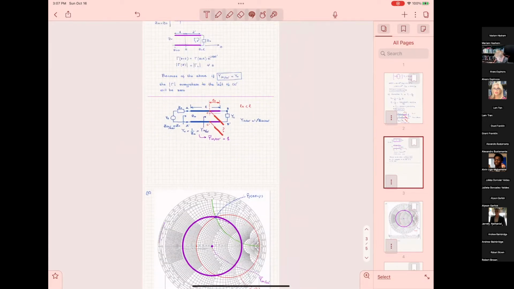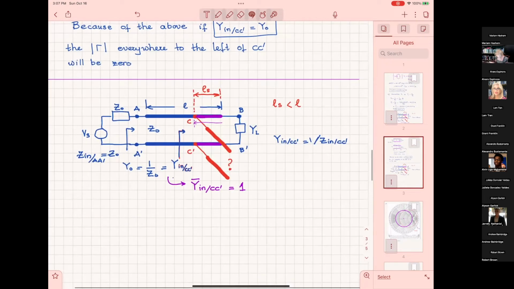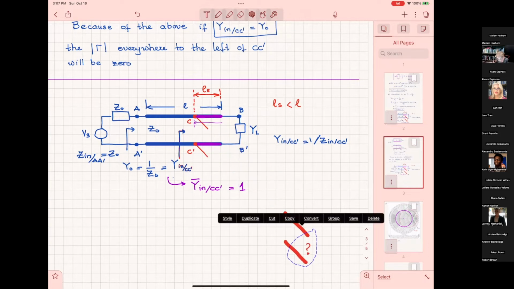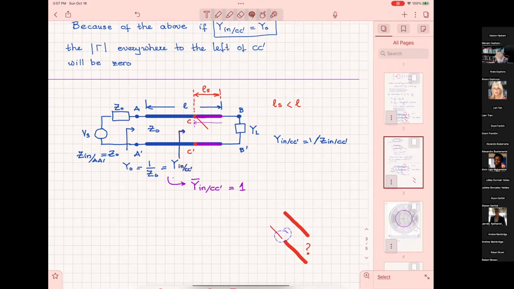When I place a stub, in reality, I place a shunt load. Now let me take the stub away for a second.